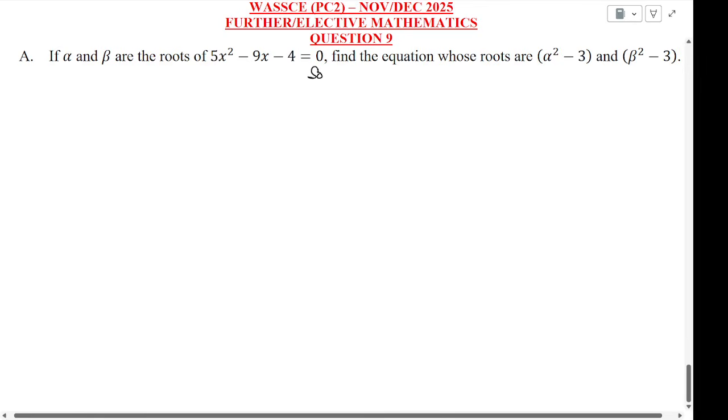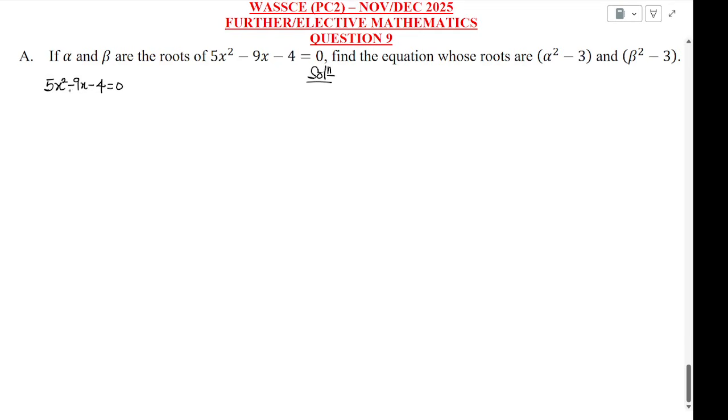So quickly, we know that the equation has been given as 5x squared minus 9x minus 4 equals 0. We can rewrite this equation in the general form of a quadratic, meaning we are going to make the coefficient of x squared equal to positive 1.